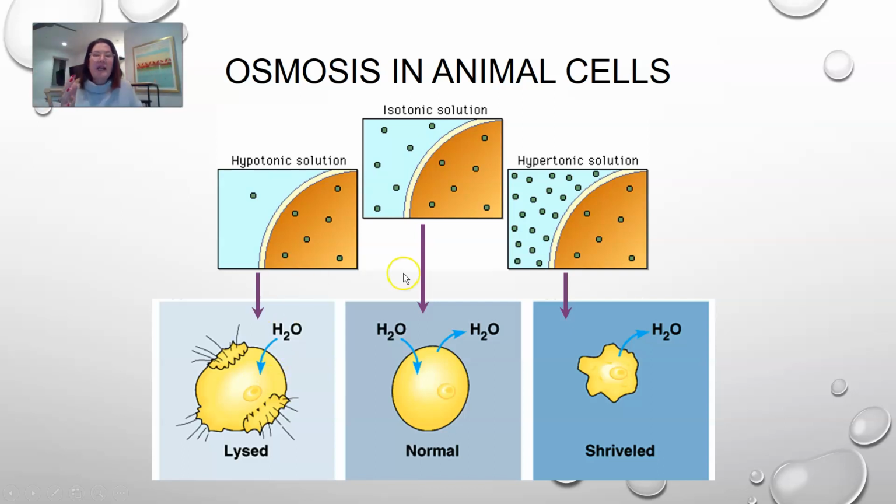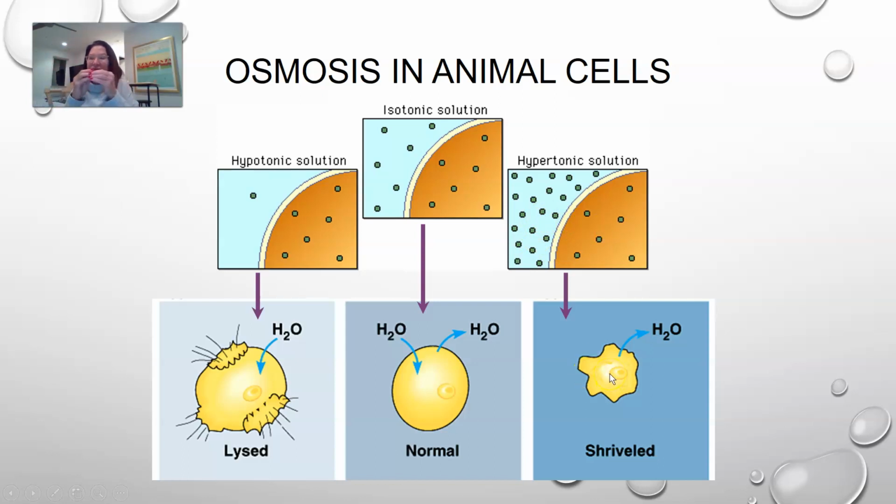And then we have isotonic solution, and notice how there's equal amounts on both sides, right? I have equal amounts of these green molecules on both sides. So that's normal. Isotonic is normal. Okay, hypertonic is when there's more water on the outside of that cell than inside.